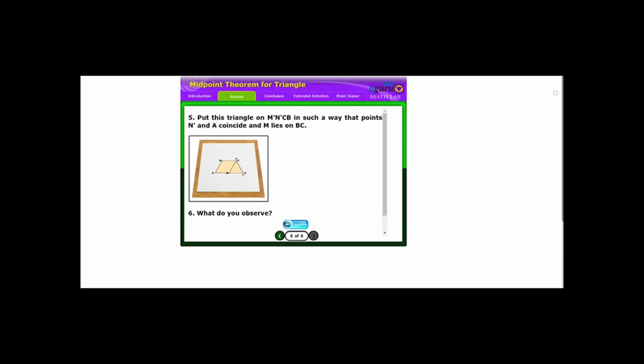Then you get a parallelogram M dash, N dash, M, B. You get one parallelogram. So how can you say that MN is half of BC? You can measure and say here, but actually we can prove that theorem.